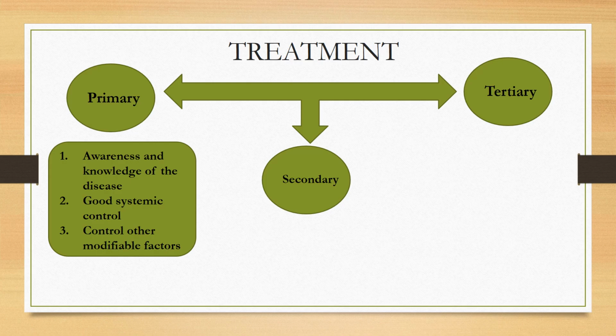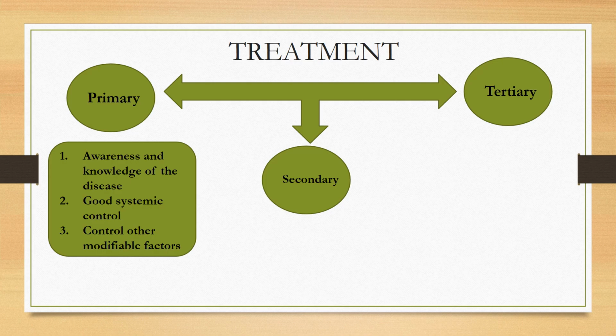For example, their diet can be modified so that they can control their blood glucose level. These are the primary stages, where you do this in case of very mild and mild non-proliferative diabetic retinopathy.